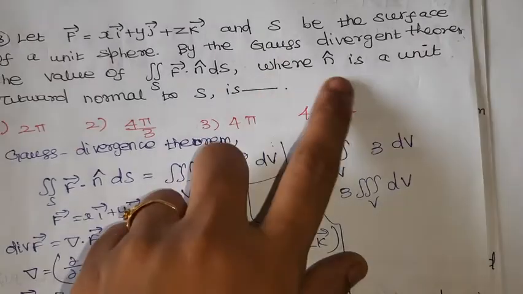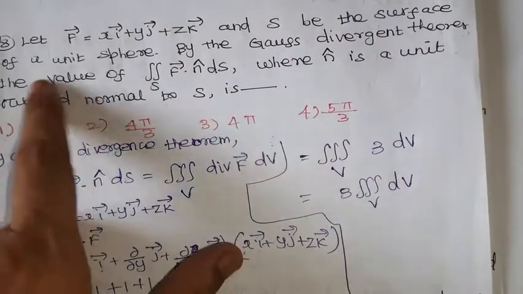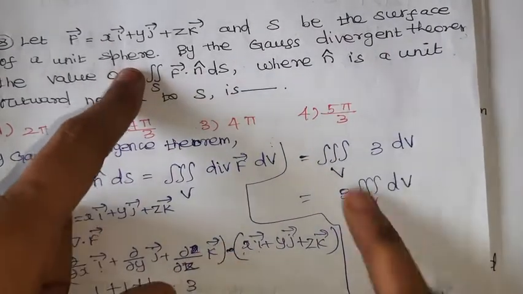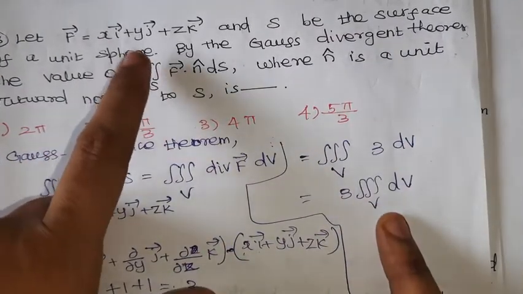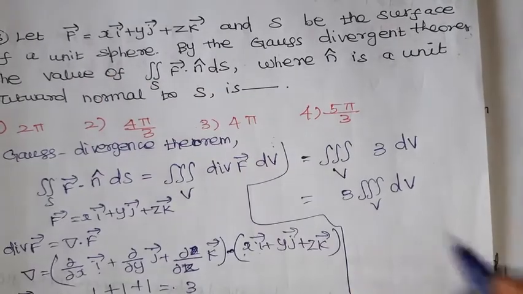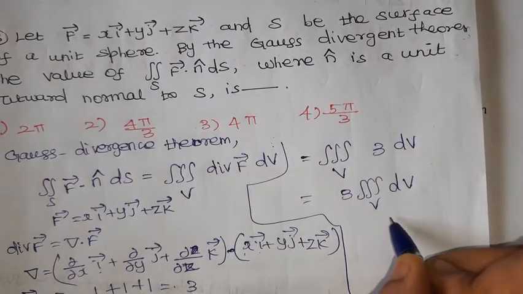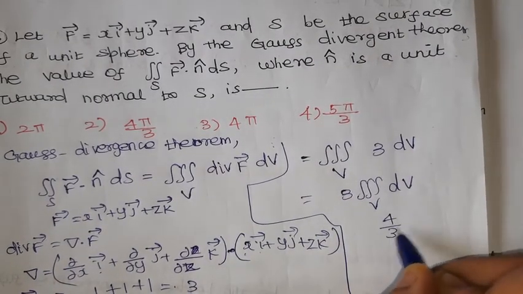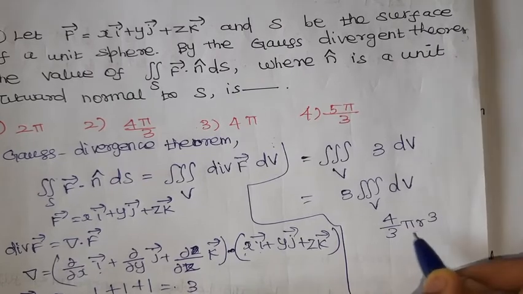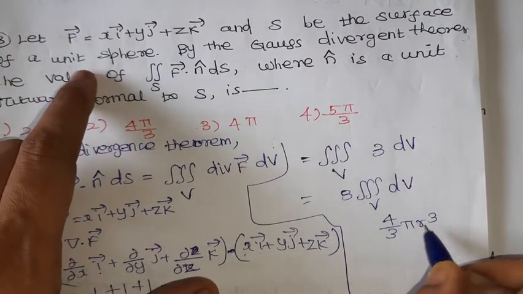What is given? n cap is a unit normal, and S is the surface of a unit sphere, enclosing the unit sphere. We know the volume of a sphere. In general, the volume of a sphere is 4 by 3 pi r cubed. A unit sphere means the radius is 1.